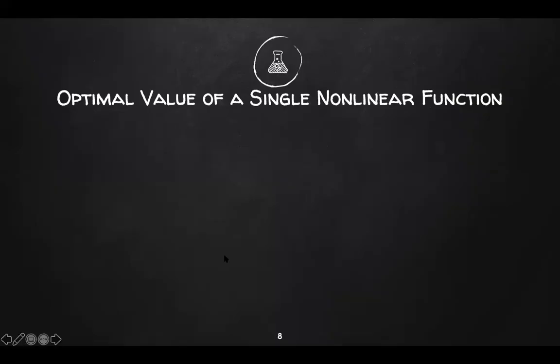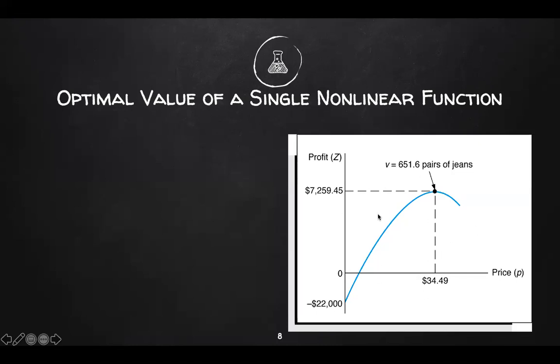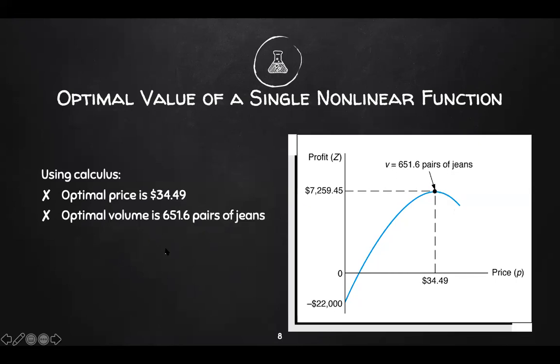Now, if we use calculus to compute for the optimal solution for our example, then using calculus, the optimal price is 34.49. So ito, this is the optimal price. If your price is 34.49, this is where your demand is optimal, which is at 651.6 pairs of jeans, and your profit is at maximum at 7,259.45.